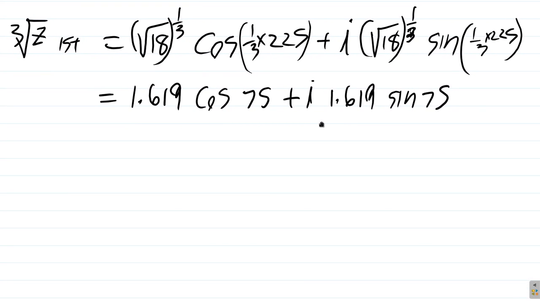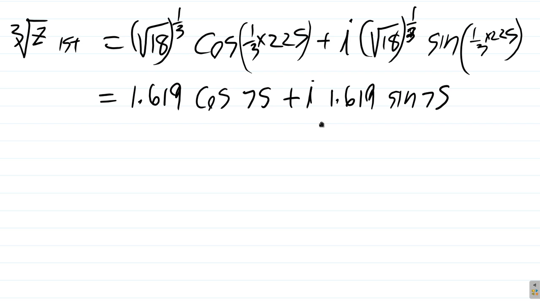Right? And if you work it out, it would be 1.619 times cos 75. Ensure your calculator is in degree mode. Right? And if you're not sure it's in degree mode, just find the sine of 30 and you should get half. Right? And then you can change it. If you don't get half, then it's not in degree mode.